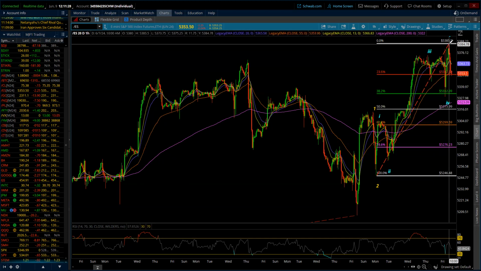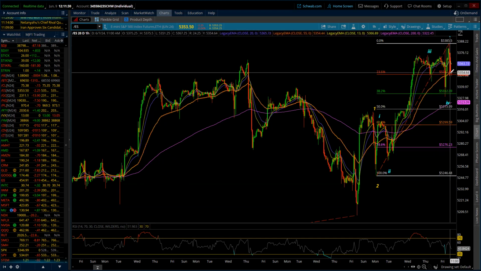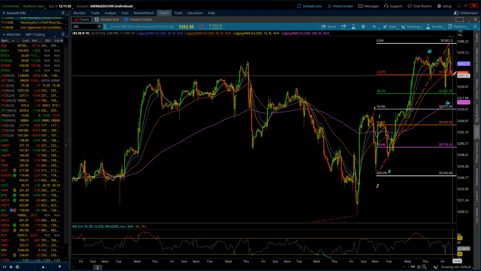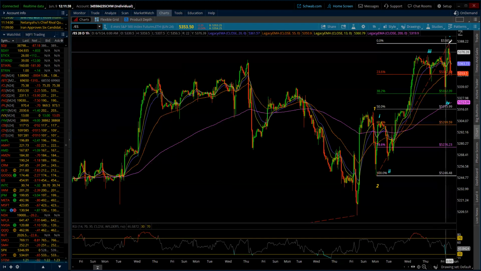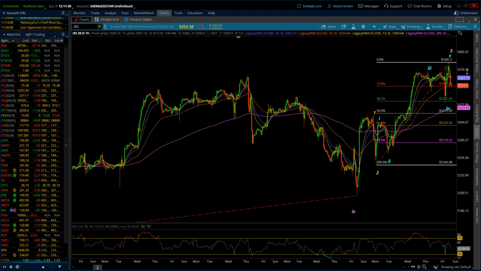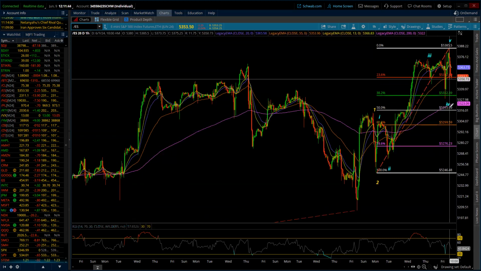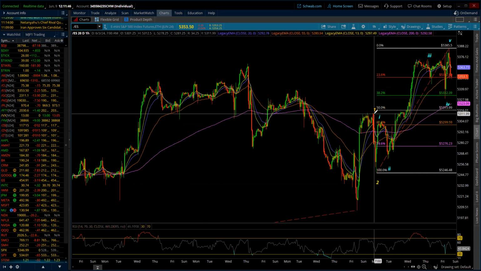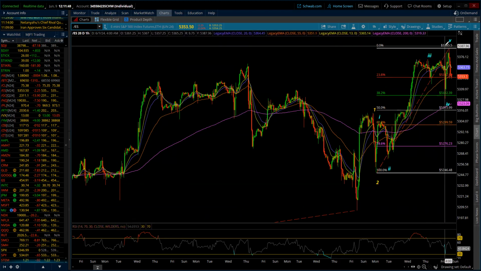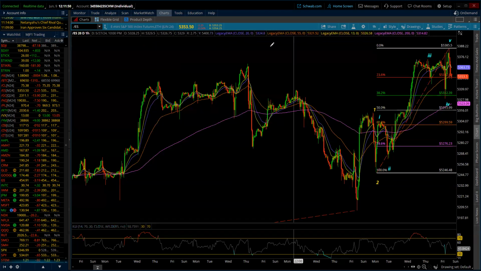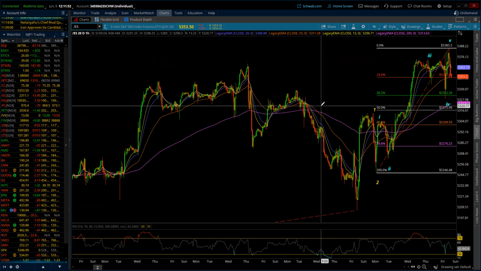And then we got into the afternoon session and it just ticked down, all due to, I believe, Friday's expiration. That's all now done. Do we revert and go back up and finish before Wednesday? Or if we continue to come down and we break that level, then we're going to take it that it's done and we're into that larger correction.